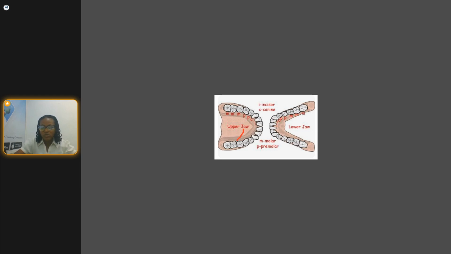Why is the other part not labeled? Because the same thing that is here is the same thing that is here, and the same thing that is here is the same thing that is here. So that is why only this side is labeled.